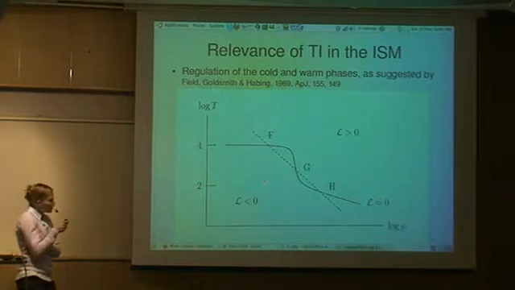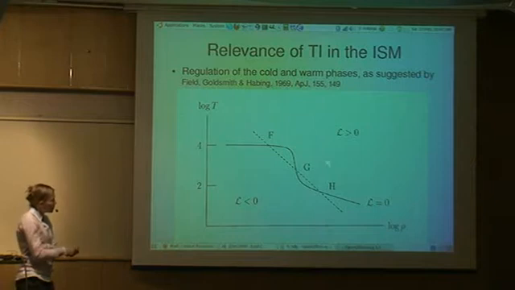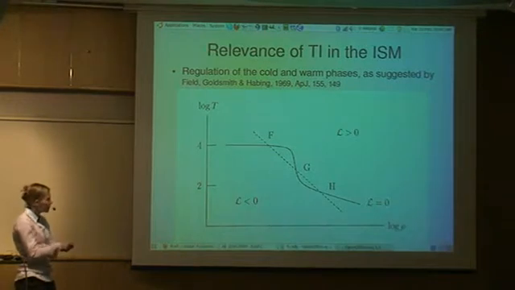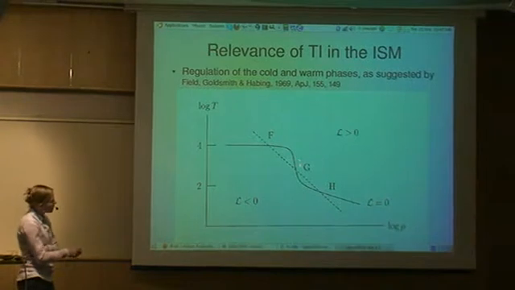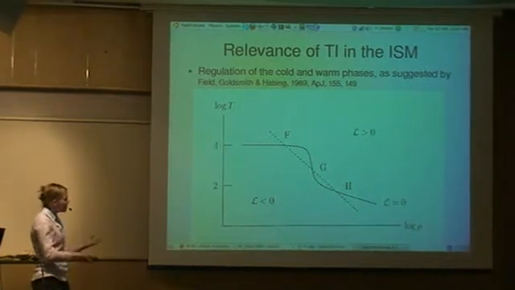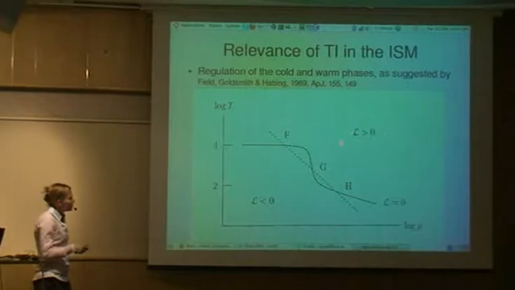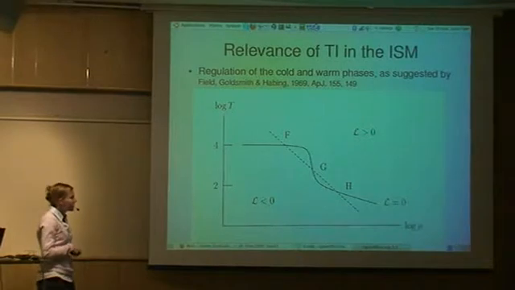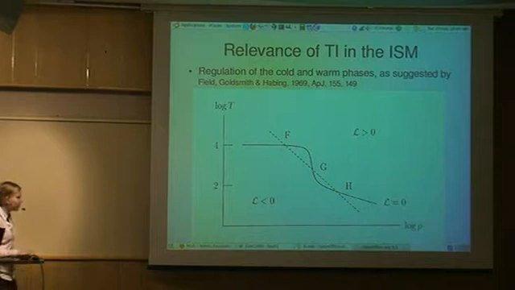Thermal instability is described here by the net heating and cooling function or balance, so that if L is positive, there is an excess of cooling, and if L is negative, there is an excess of heating.